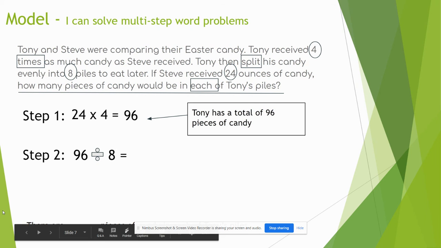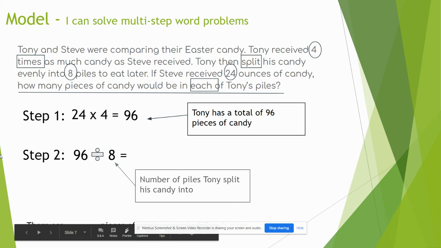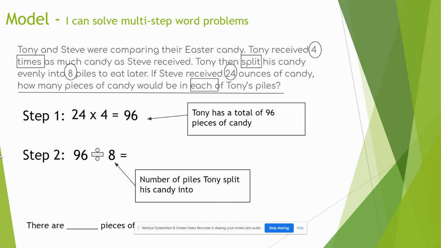And that's going to be division. 96 divided by 8. And that's going to tell me how many pieces of candy are in each pile. And that's 12. So this one is a little bit complicated. You really have to be careful to make sure that you're using the right numbers and the right operations in the right order. So that tells me, Tony, there are 12 pieces in each of his piles.